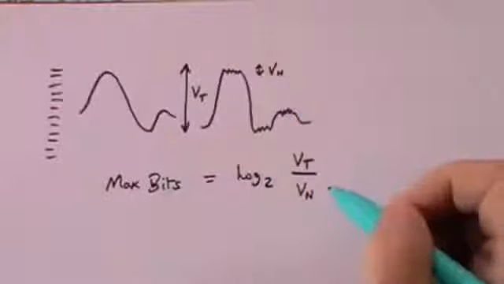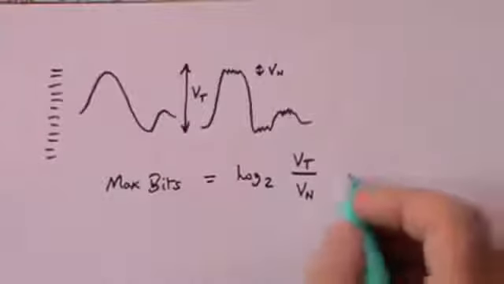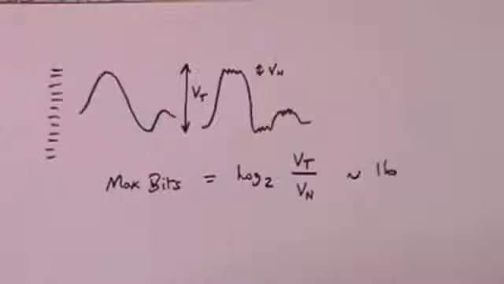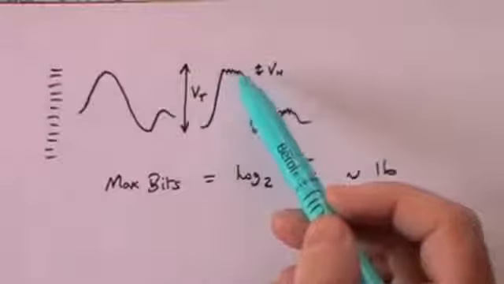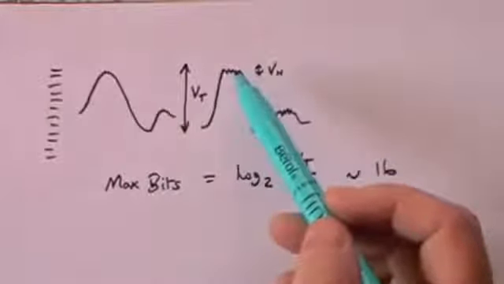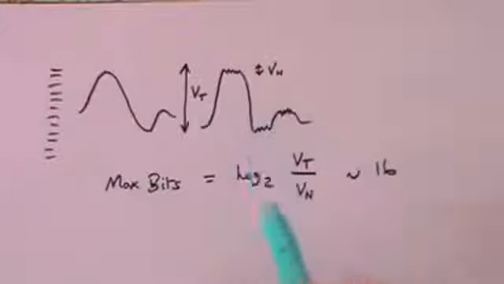And that actually comes out to approximately 16 bits. If you do any more than that and you think you're getting an even greater quality, what you will actually do is to start sampling or measuring the degree of noise, and you can do without that.